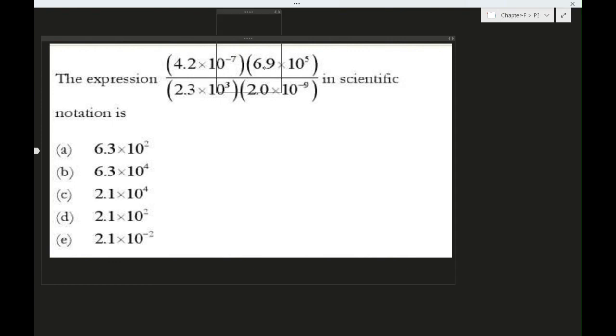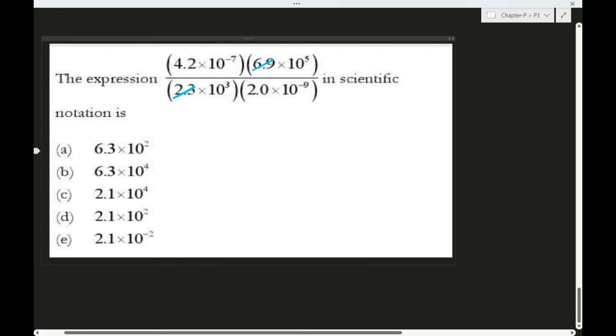This is 2.3, this is 6.9. If you look carefully, you see that 2.3 can go into 6.9. How many times? This is just 3, because 2.3 times 3 is 6.9. So you can still do it directly.